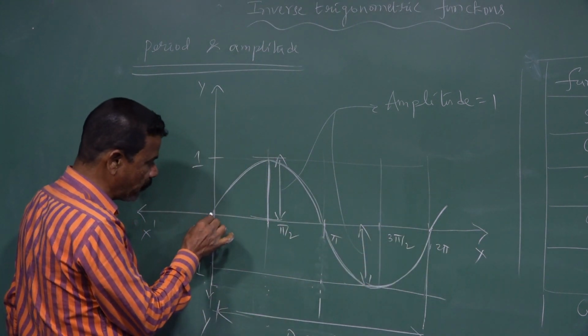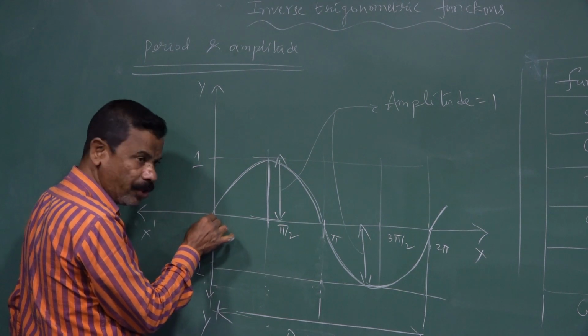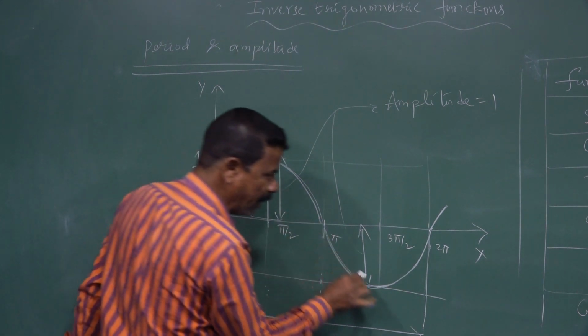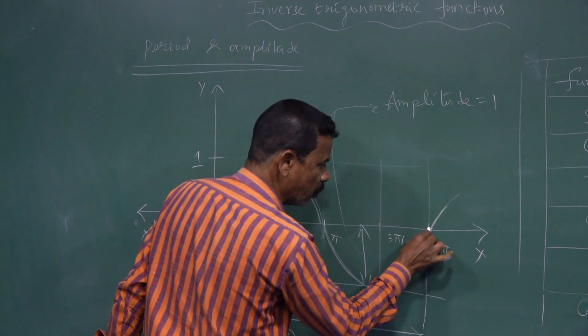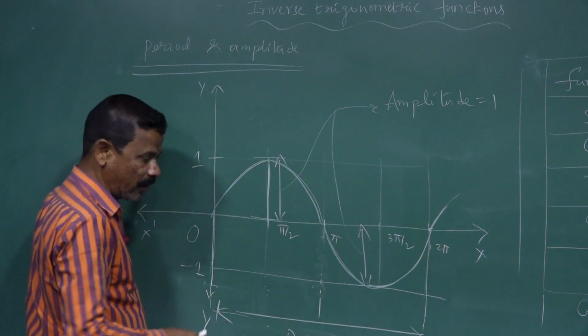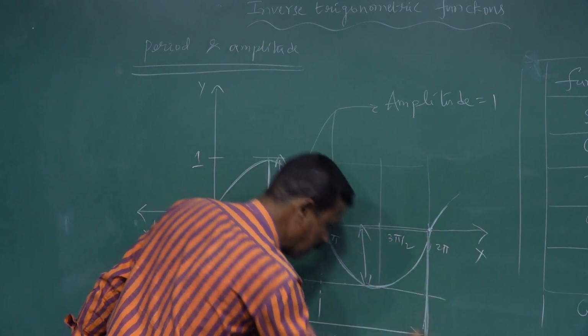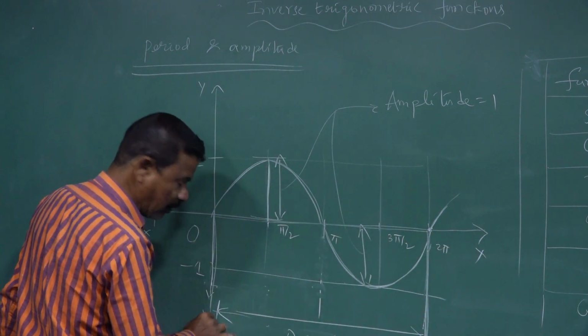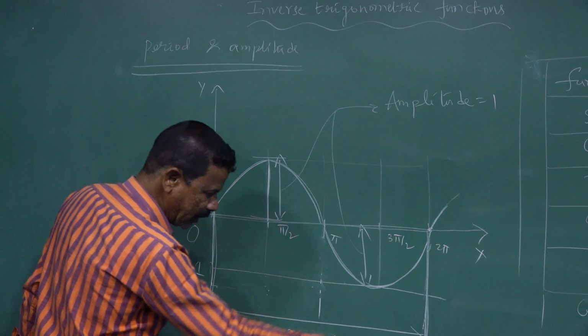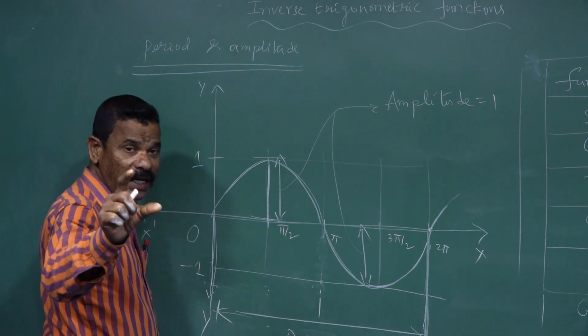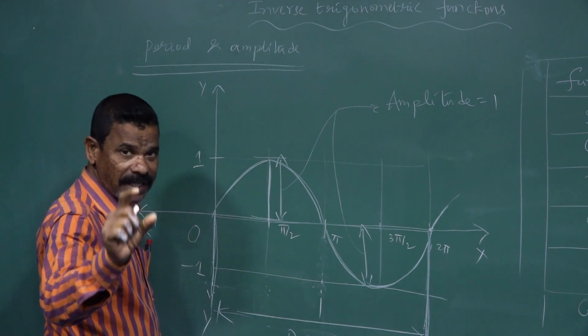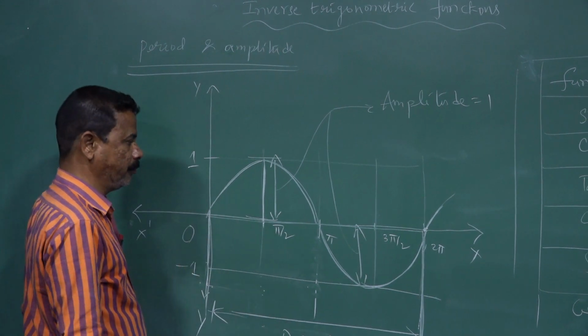Already I told you, the sin x graph starts from 0 to 2π. After 2π it again starts from 0. That's why this complete cycle, one complete cycle, is called period, that is 2π. So finally the sin x period is 2π.